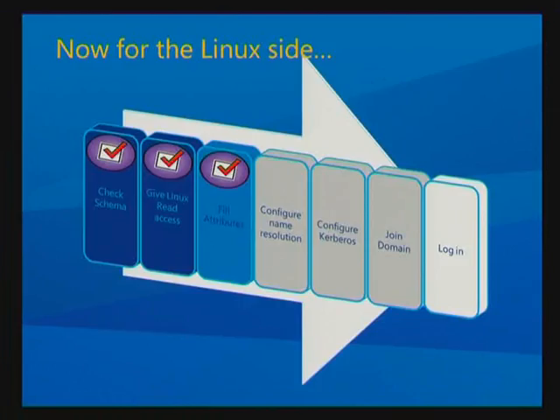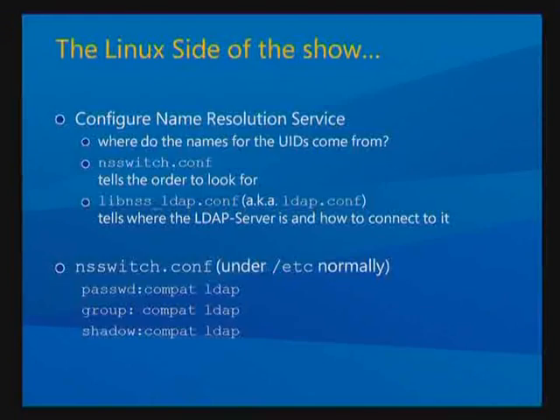So now we're going to the dark side, to the Linux side of the show. There are 2 things we have to do. The first one is we have to configure name resolution service. Normally, a Linux system looks in a file that sits on the file system called passwd, and looks for a line that describes the user name, the UID, and the Git number, the home directory, the login shell, and so on.